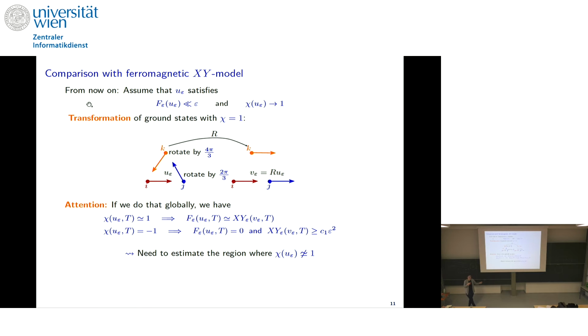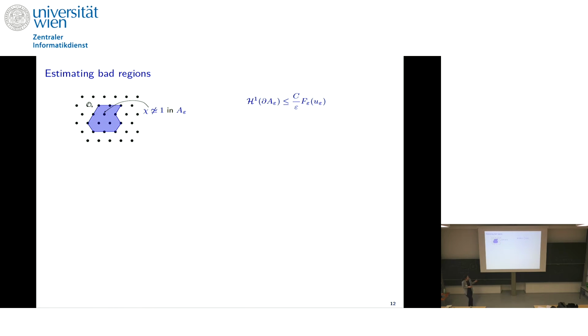Okay. So this means that if I want to have some hope to proceed, I need to estimate the region where the chirality is, let's say, not close to 1. And this is a similar estimate as we saw before for the transition from regions with positive chirality to negative chirality.